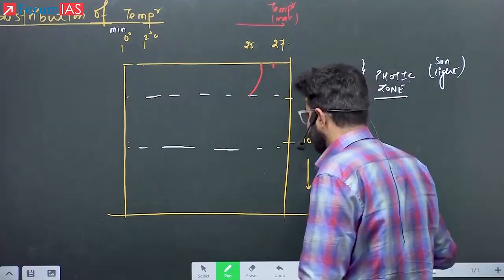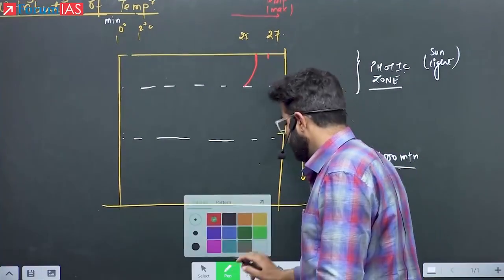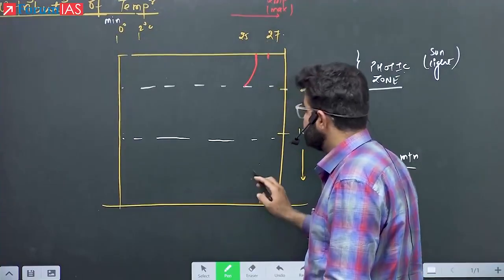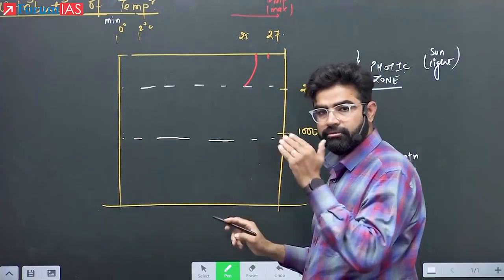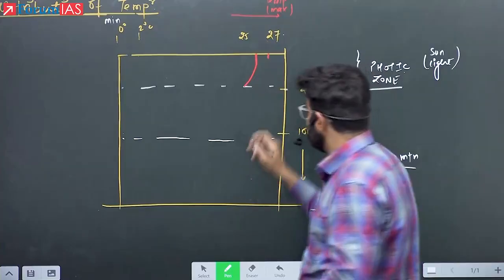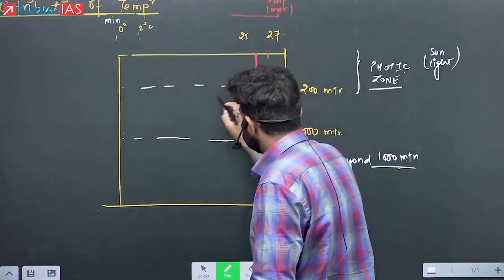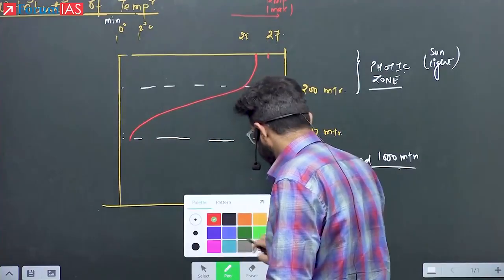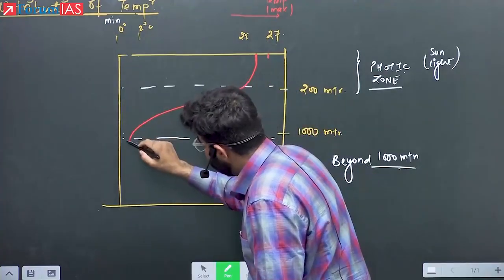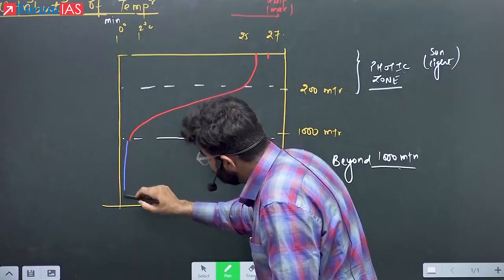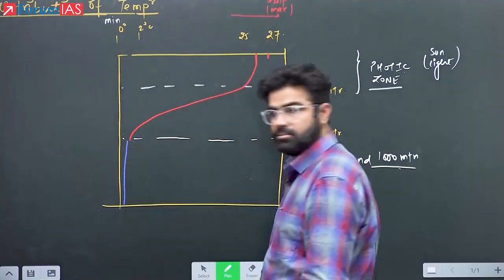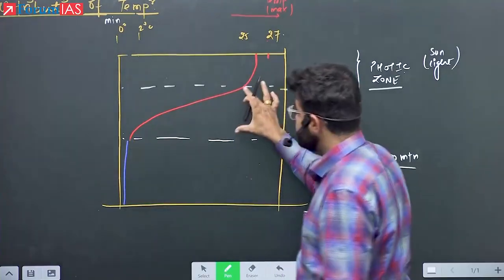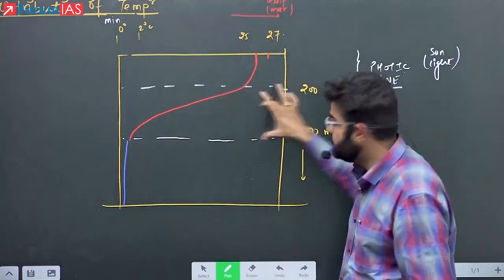Now after then, see here carefully. After then what happens is this temperature will register a very sharp decline. Okay? So what happens is now the temperature will decline very quickly and it will reach up to here. And now onwards the temperature would be more or less near 0 degrees C. Yes. So why the temperature is declining at a very faster rate in this zone?